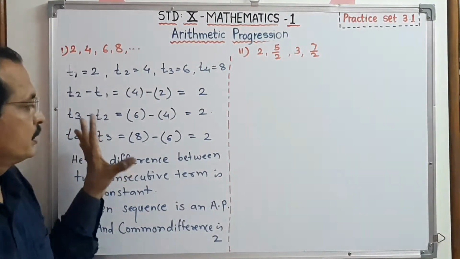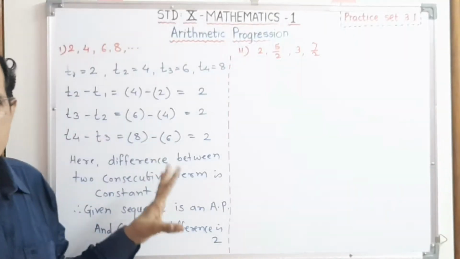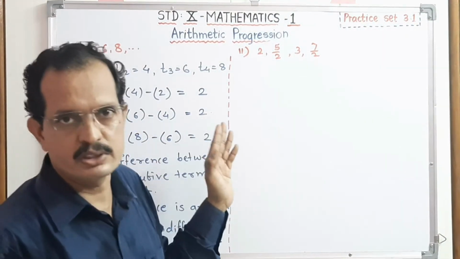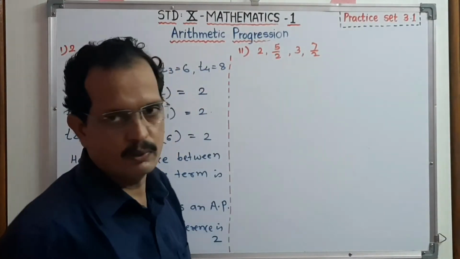I think everyone understood this. Very easy. We just have to subtract the previous term from the next term and find out the d.